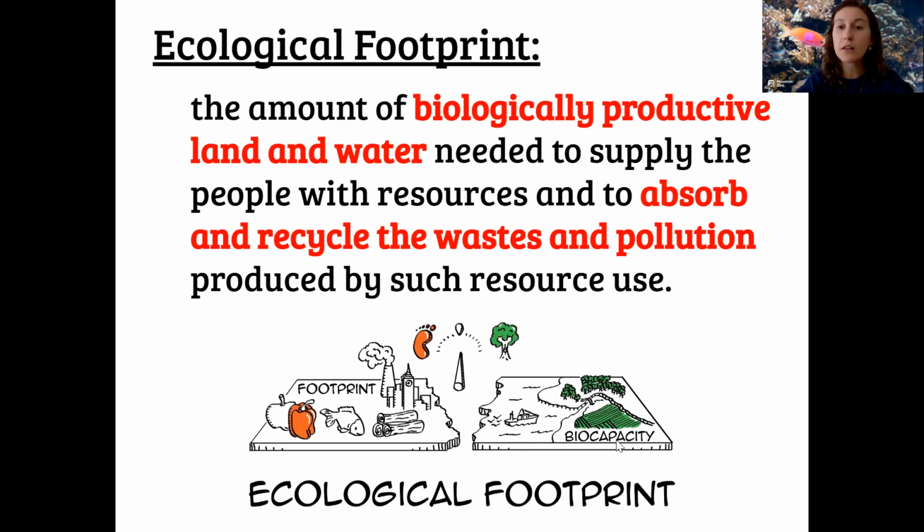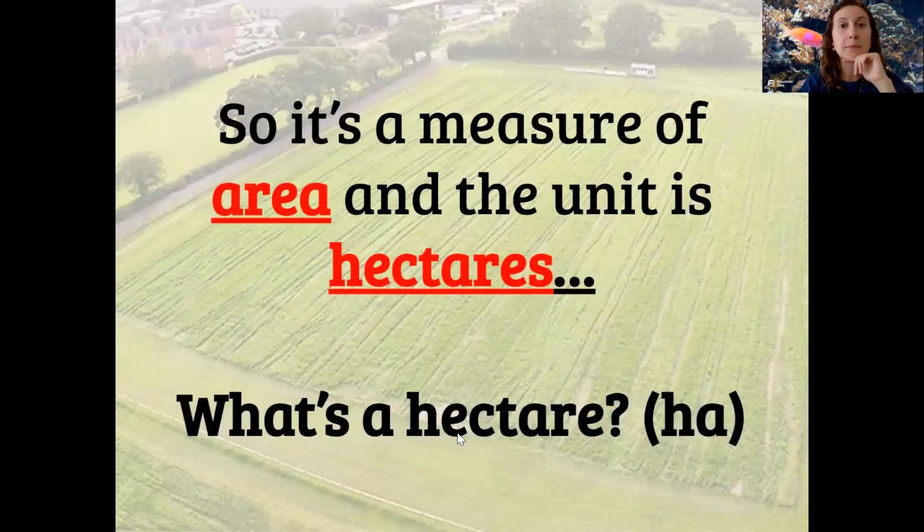We'll talk about this more in class, but biocapacity is how much land and resources are available in an area. So we always want our footprint, how much we're consuming, to be in balance with the biocapacity, how many resources the land actually has to offer us. If what we're using exceeds the biocapacity available, we're going to end up in some bad situations where we have deficits of our land and energy resources.